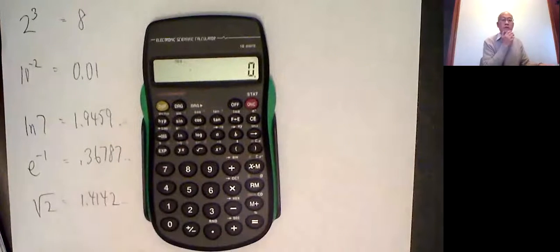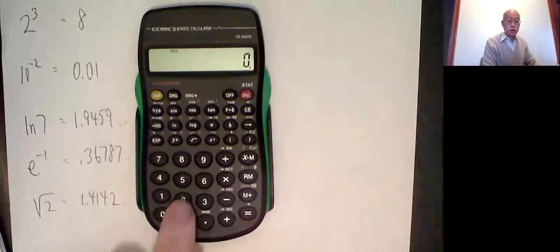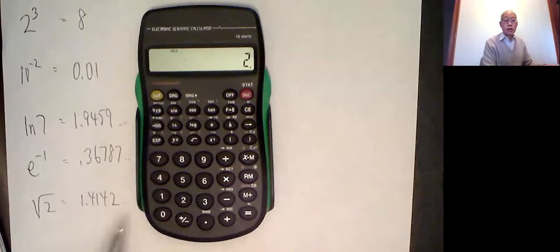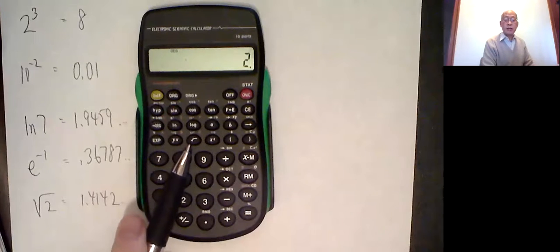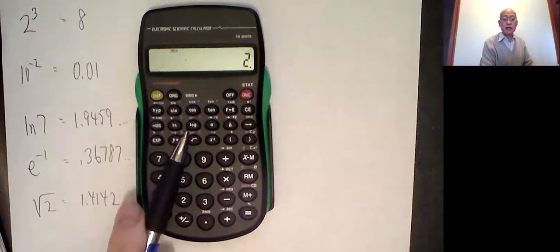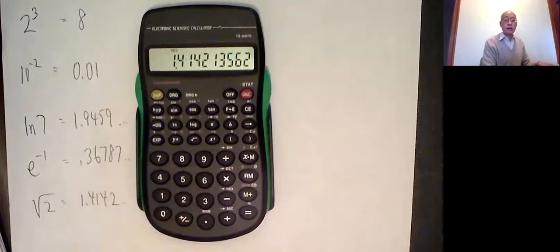This calculator, being a backwards type, you have to hit 2 first. So 2, and the square root button is right over here, a button all by itself. It's not a second function. So I just hit the square root button, and there we go, 1.414213.